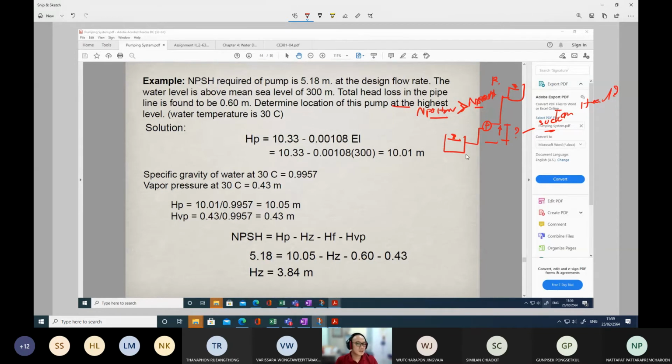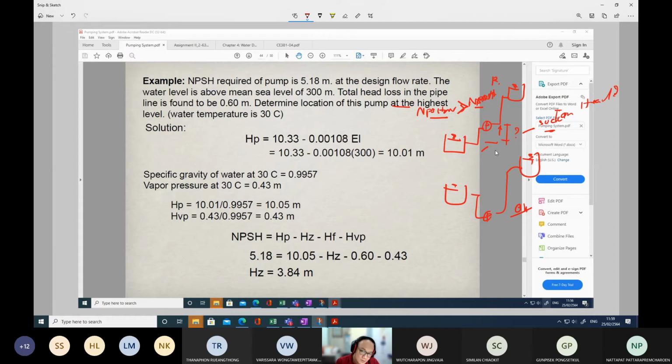Okay, so this is the question. The objective is that you have to find out the suction head. If you install it like this, it won't be a problem.